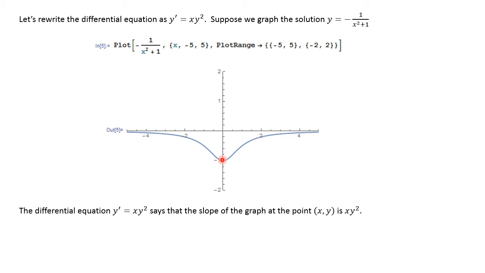Whereas if we went to this point, the point is 0 comma negative 1, and if we plug that in here, we see that the slope is 0, xy squared is 0, and indeed our graph is flat or has a slope of 0 at this point. And you can check that this continues to be the case for any point on this curve, that the slope at the point x, y is xy squared. And that's exactly what we mean geometrically when we say that we have a solution to a differential equation.